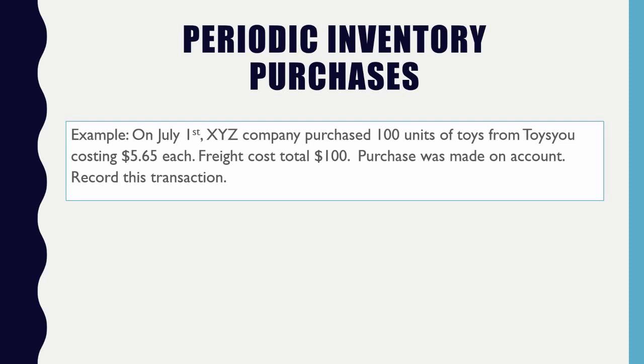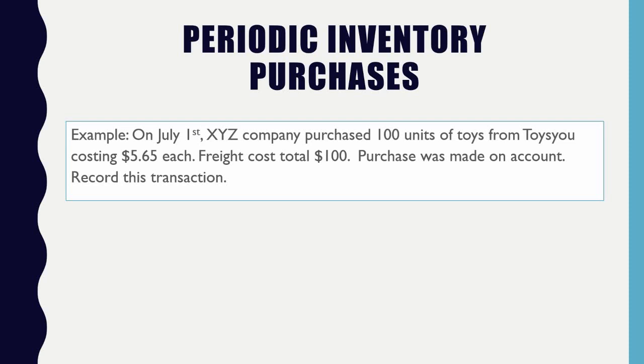So here is an example that on July 1st, XYZ company purchased 100 units of toys from Toys U, okay? And of course, it cost them $5.65 each toy, and freight costs a total of $100, okay? Purchase was made on account, okay? So there's a familiar word there. And so let's go ahead and record this transaction.